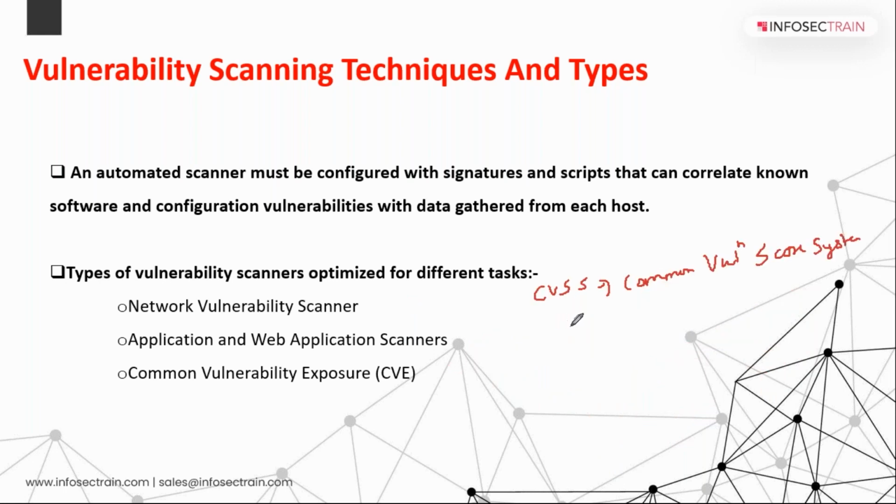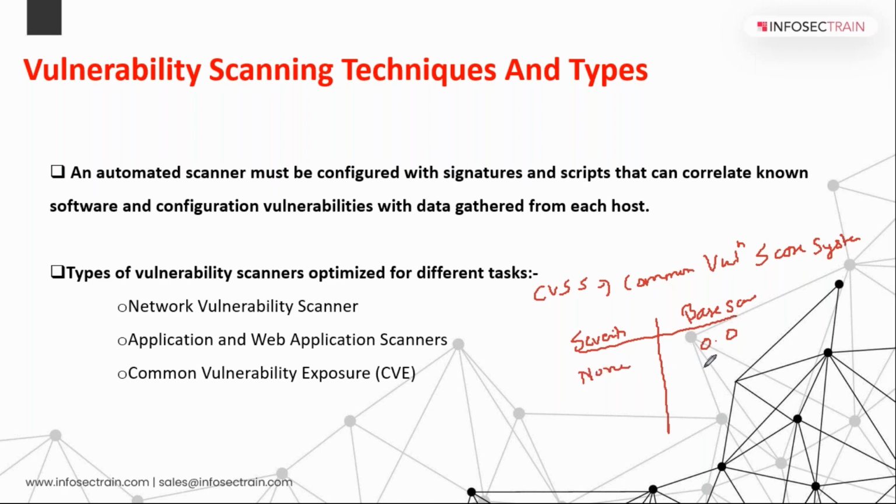Now CVSS, what is it doing? It is denoting how serious your vulnerability is. And how is it done? Your severity along with your base score. Correct. Let's say the vulnerability base score is 0.0, your severity will be none.